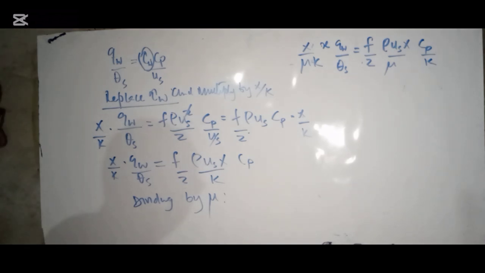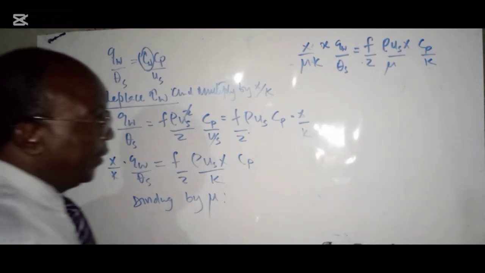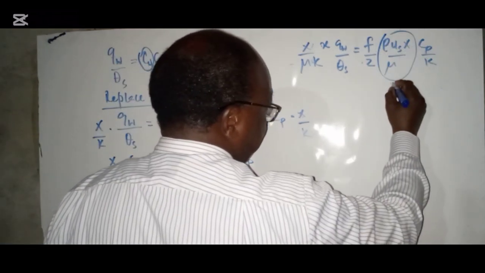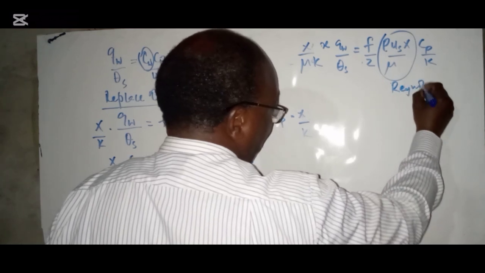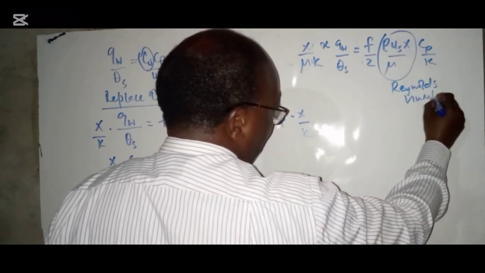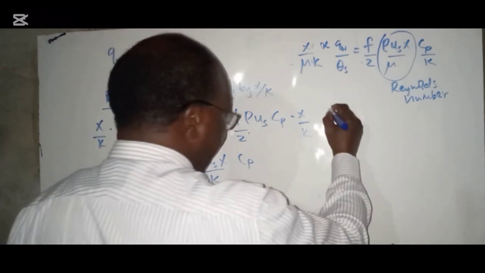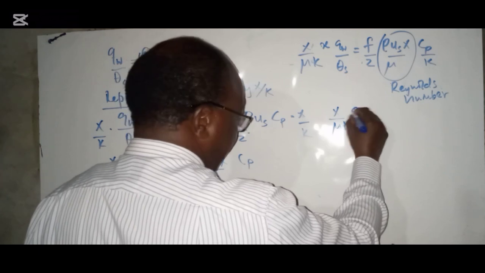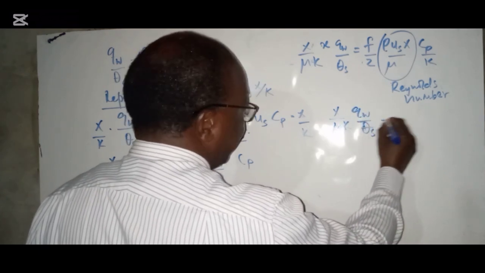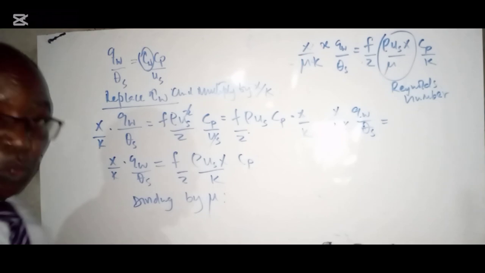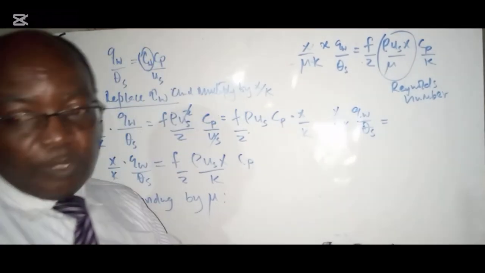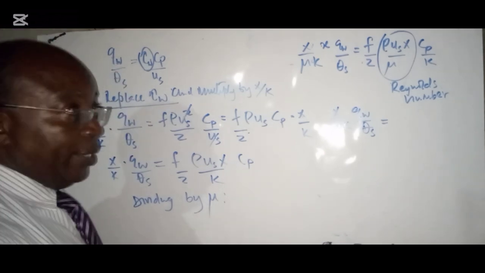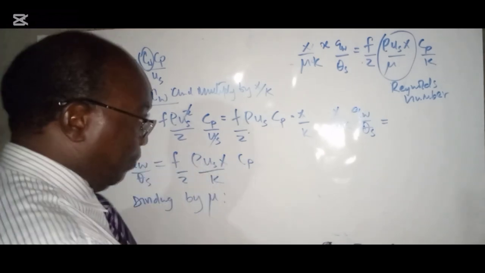And as it is, we now have an expression for Reynolds number, so we can put it in there. That's x over mu K, q omega over theta S. Remember, theta is temperature, U is velocity. We derived those quantities in our lecture where we derived the Reynolds analogy expression.